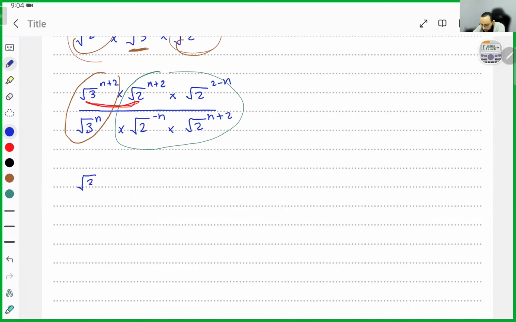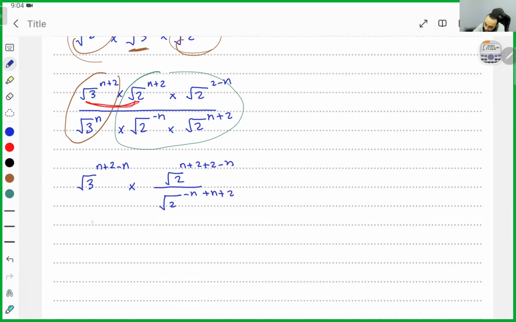It's only root 3, subtract the powers. Take care while you are subtracting. So it's n plus 2 minus n up and negative n plus 2 down.